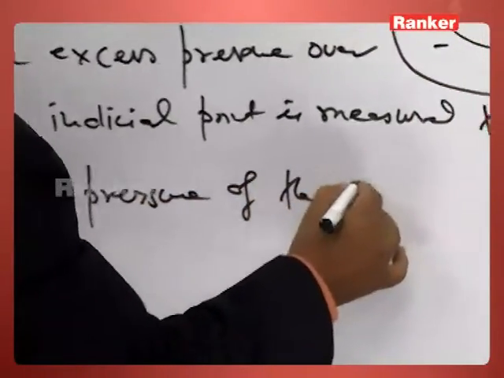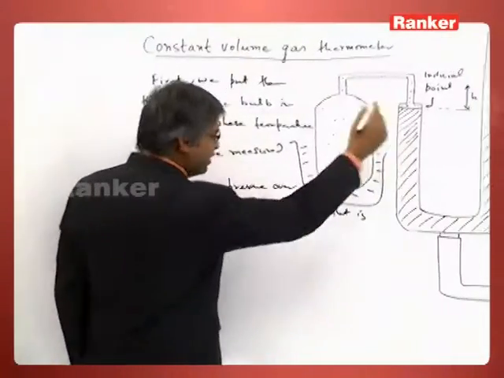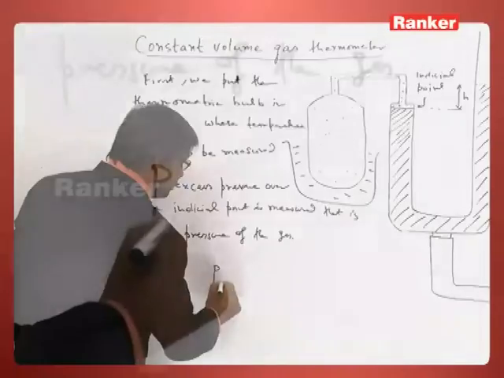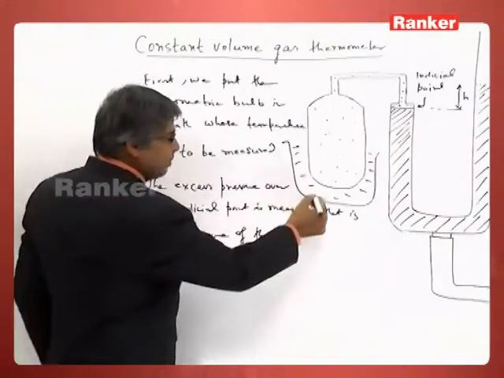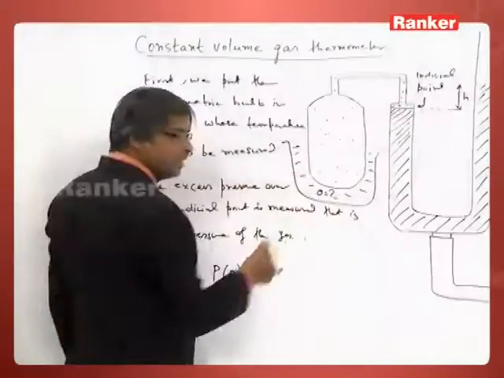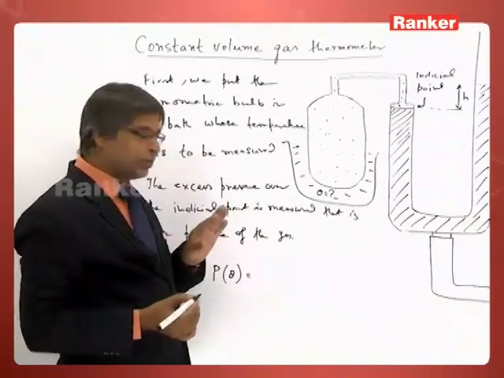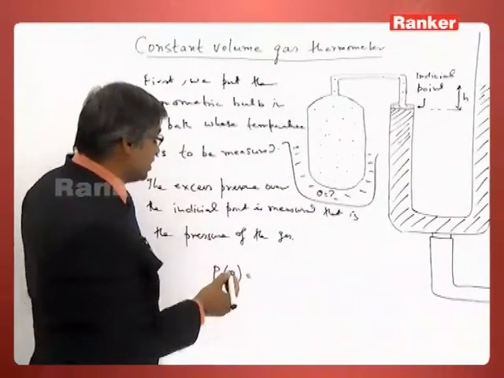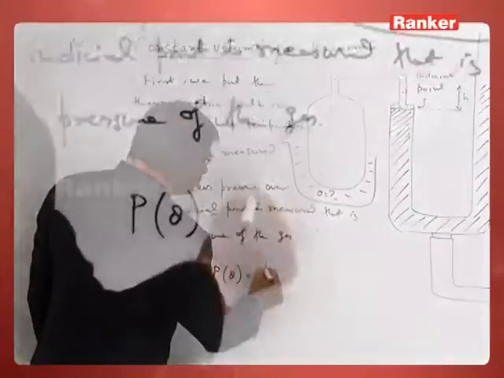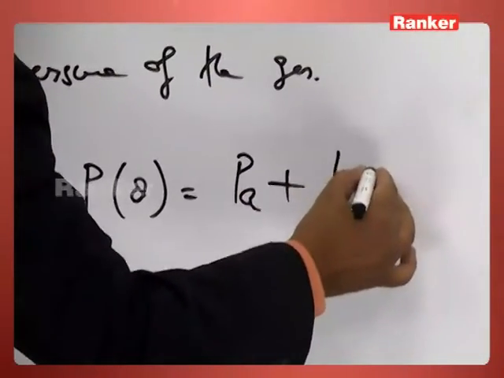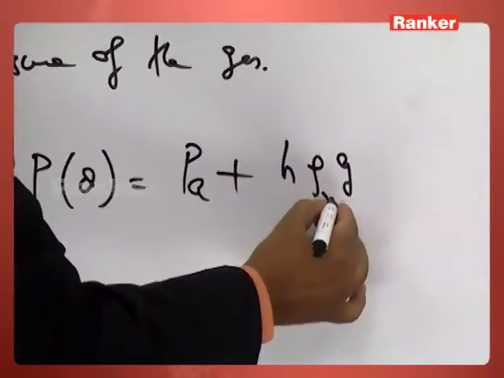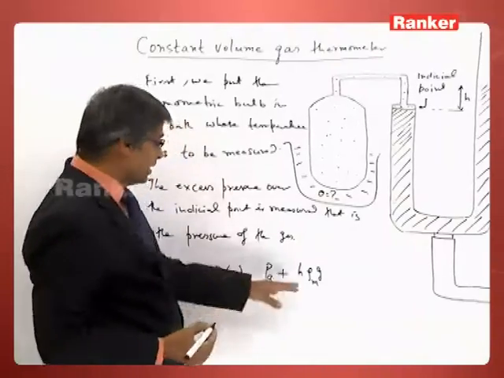of the gas. So this height h, so the pressure of the gas when the temperature is theta, that has to be determined, its numerical value has to be determined. So pressure at theta will be equal to atmospheric pressure plus h rho g, where rho is the density of the mercury.